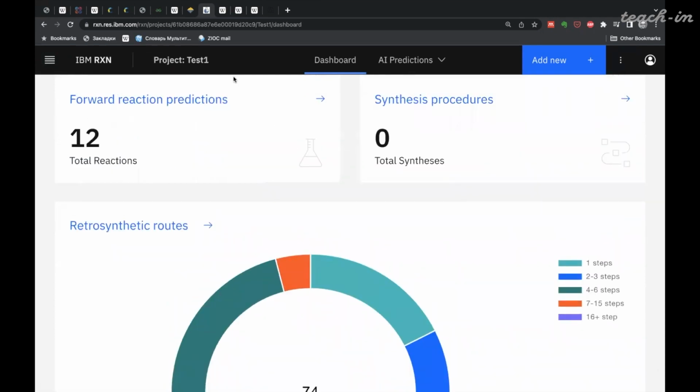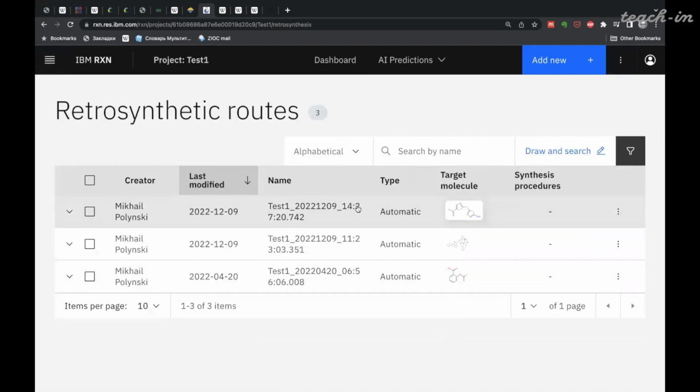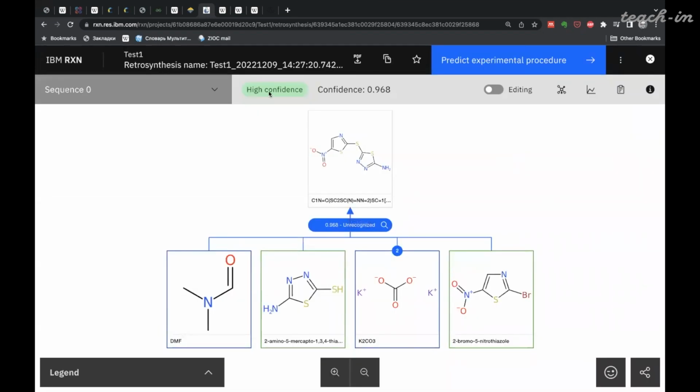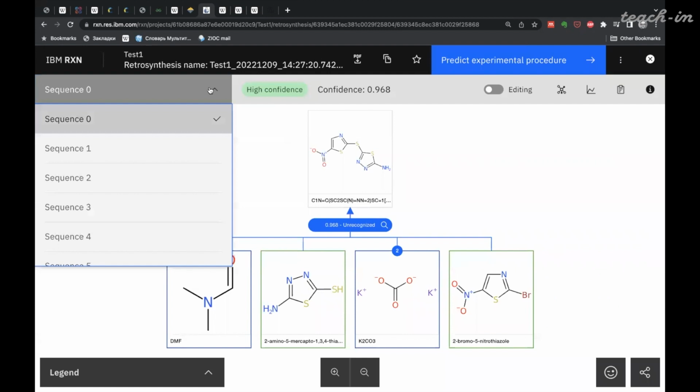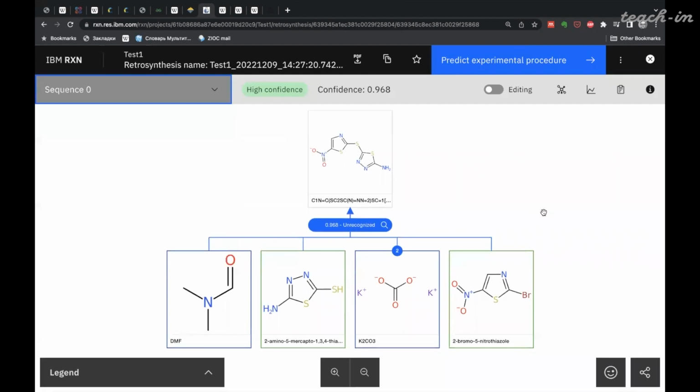So for every project, we get a history of submitted tasks, and now we got our results. So we got results for our submitted job.